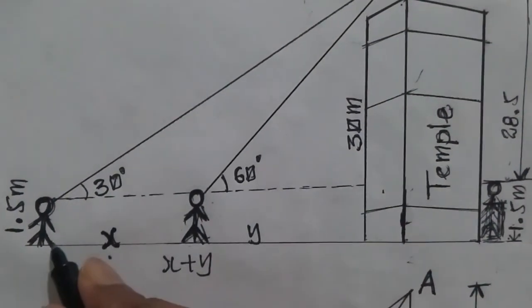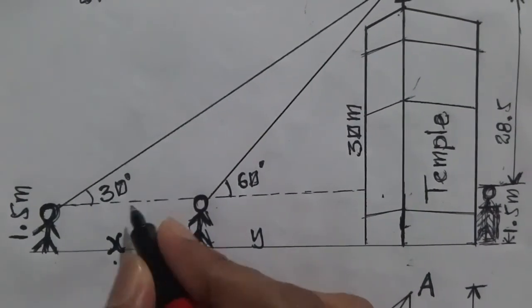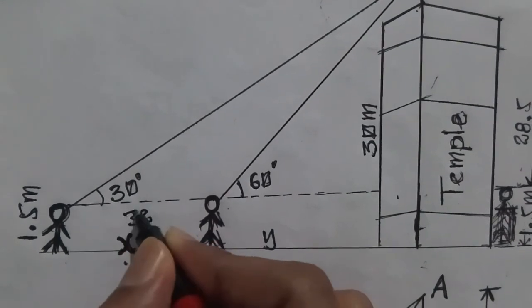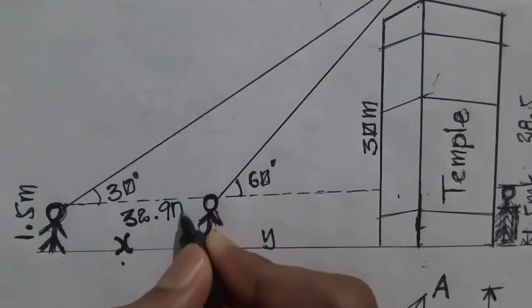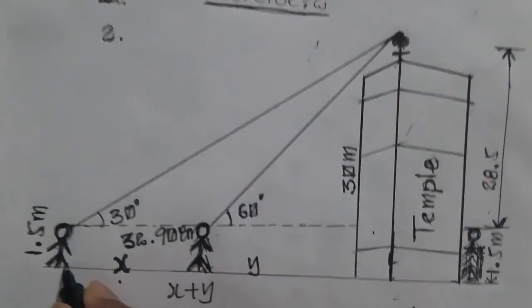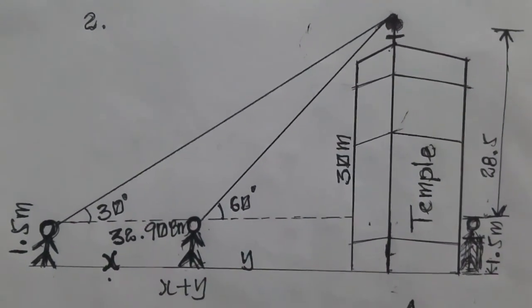See here, the distance he walked from here to here, X, is 32.908 meters from here to here. Hence we proved.